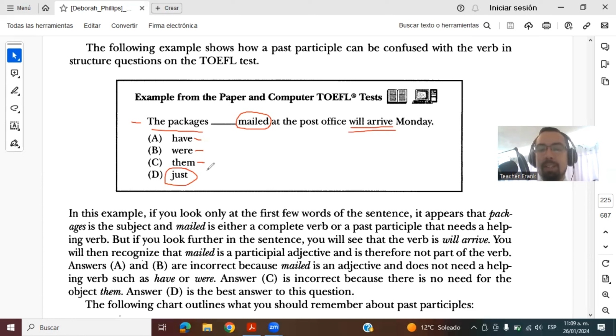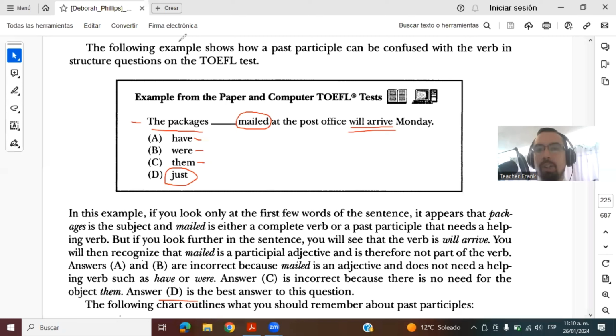The adverb here simply adds a little bit more of information, right? Like what packages, the packages mailed, the packages just mailed, right? Not the packages that were mailed yesterday or 2 days ago, right? Like just mailed, very recently. In this case, answer D is the best answer, right? It's not necessary to put any other type of verb or auxiliary elements or pronoun or subject or object elements.